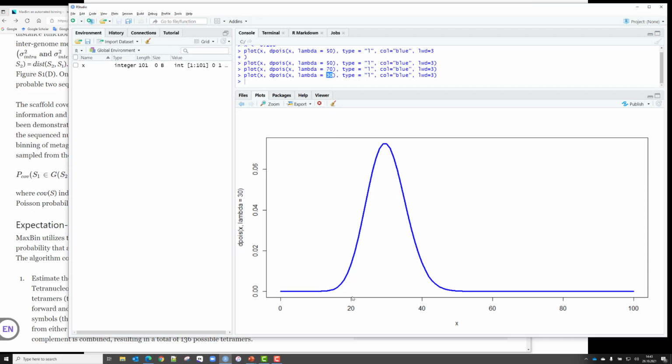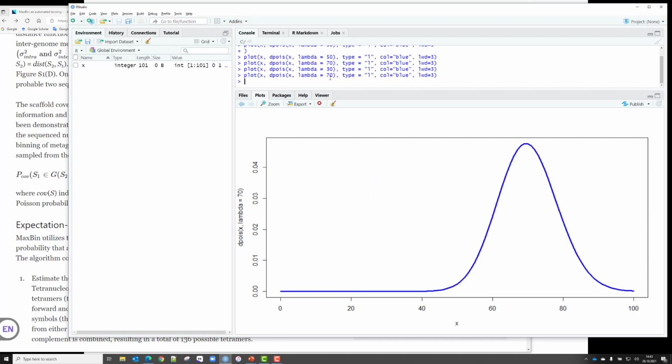What's the probability that these two are from the same genome? Well, then we go in here at 20 and up here, and then we read the probability here. So this is actually P-cob on this axis here now, depending on where S1 appears along this axis, as long as S2 has a coverage of 30. And of course, if the coverage of S2 is 70, then S1 has to be around 70 as well, right?